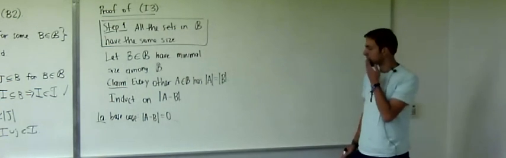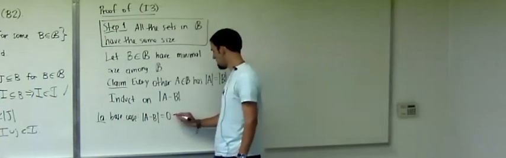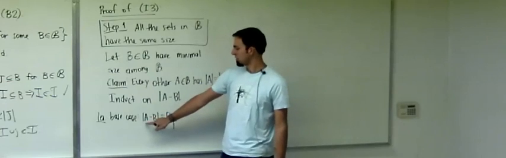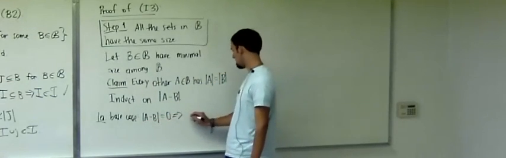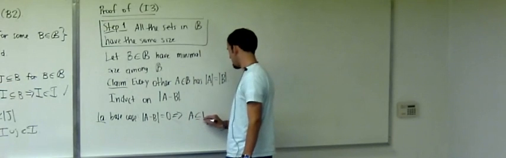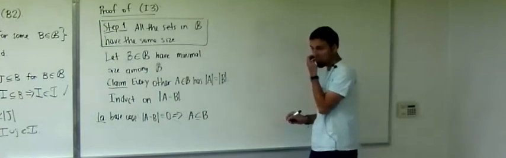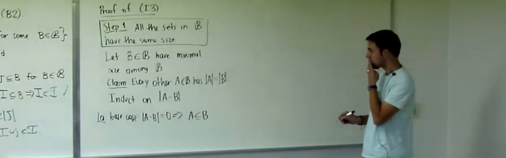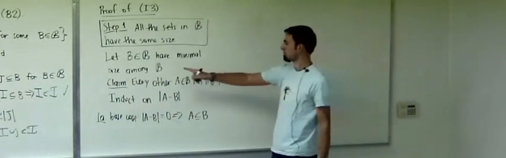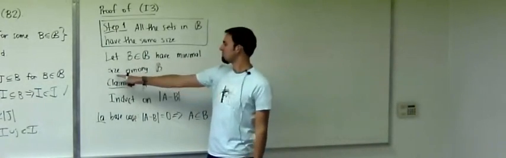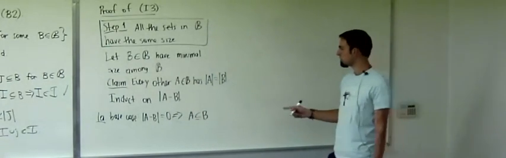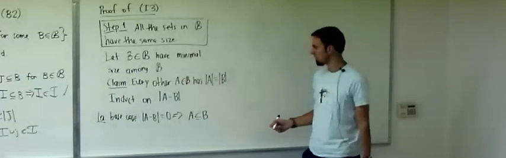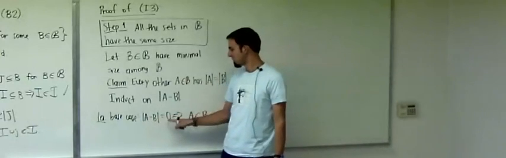What does this mean? It means that there are no elements which are in A and are not in B. In other words, A is a subset of B. B is what we started with, my basis of minimal size, and A is just some other basis such that A minus B equals 0.